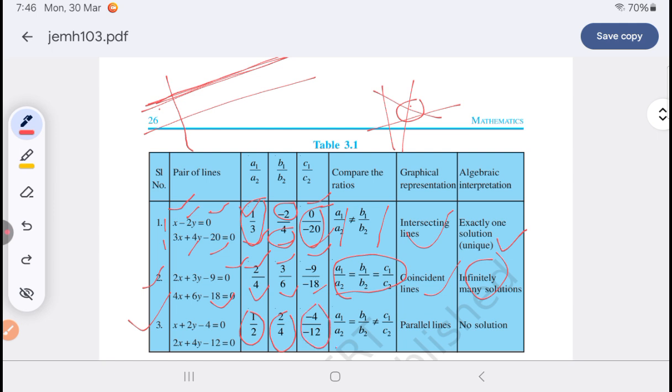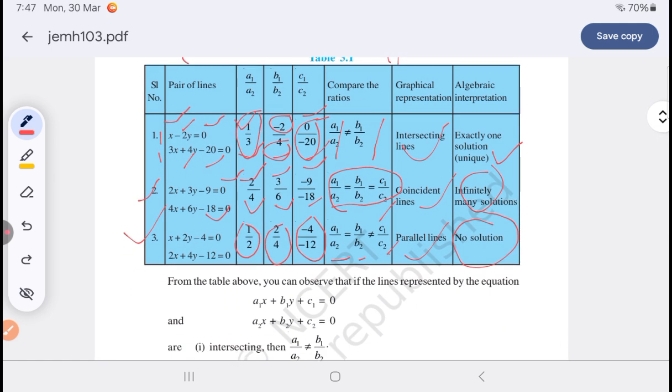So here the a1 by a2 ratio equals the b1 by b2 ratio, but not c1 by c2. That means these lines are parallel. If the lines are parallel, there will be no solution. Hope you understand this graphical representation of the linear pair of equations.